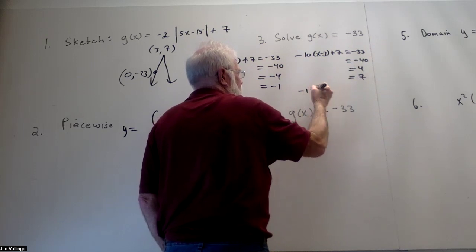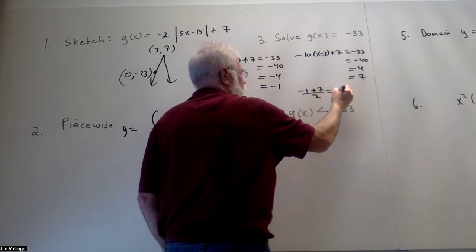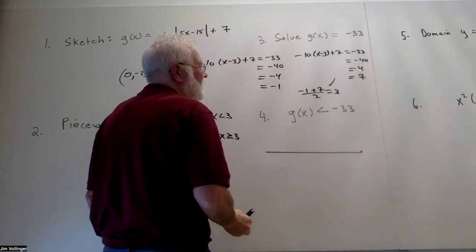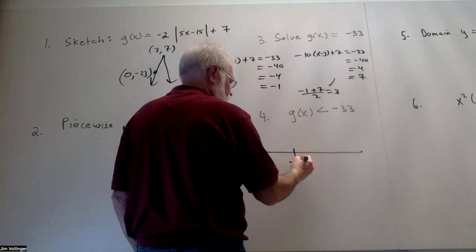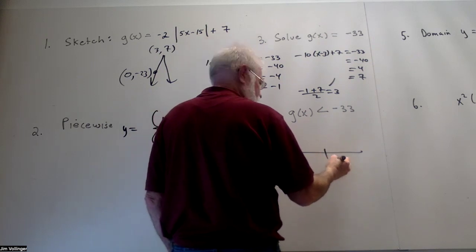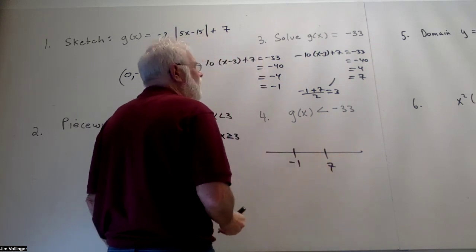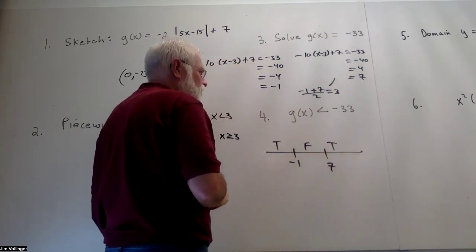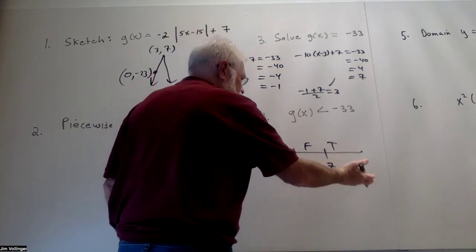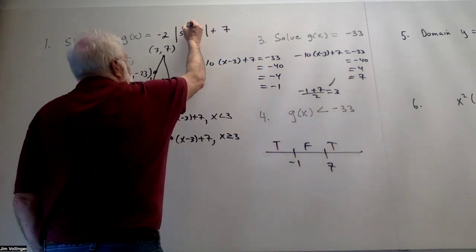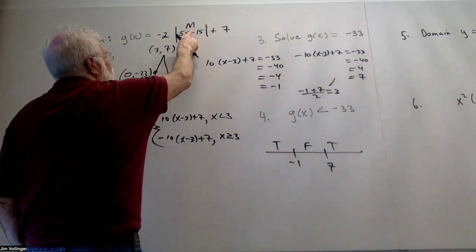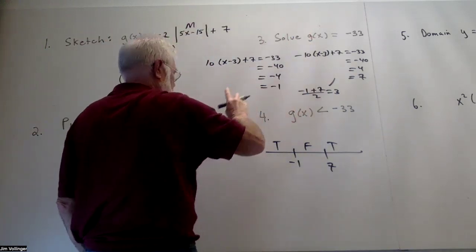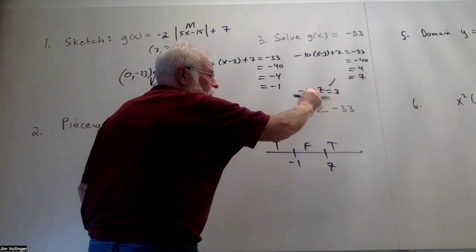Minus 1 plus 7 divided by 2 equals 3, so I think I'm probably okay. We've got two values here, negative 1, positive 7, and what am I going to be greater than? Should be true, false, true. And you can check that to make sure it works. I'll check it with just a number bigger than 7. I'll throw a million in here. Minus 2 million, I think we can safely say is less than 33.